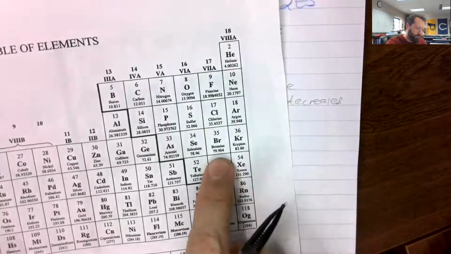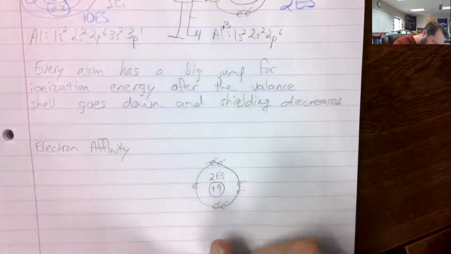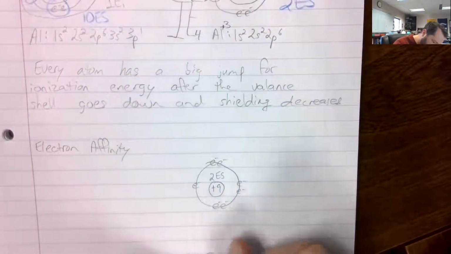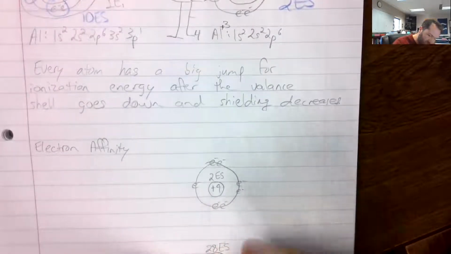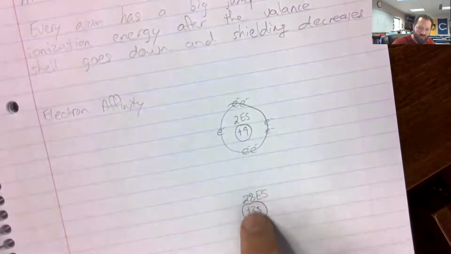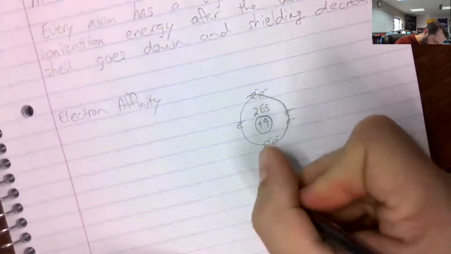All right, I'm going to compare fluorine to bromine right here, number 35. Again, here's where I'm kind of cheating. Instead of drawing all 28 electrons, I'm just going to write that there are 28 electrons shielding the nucleus.